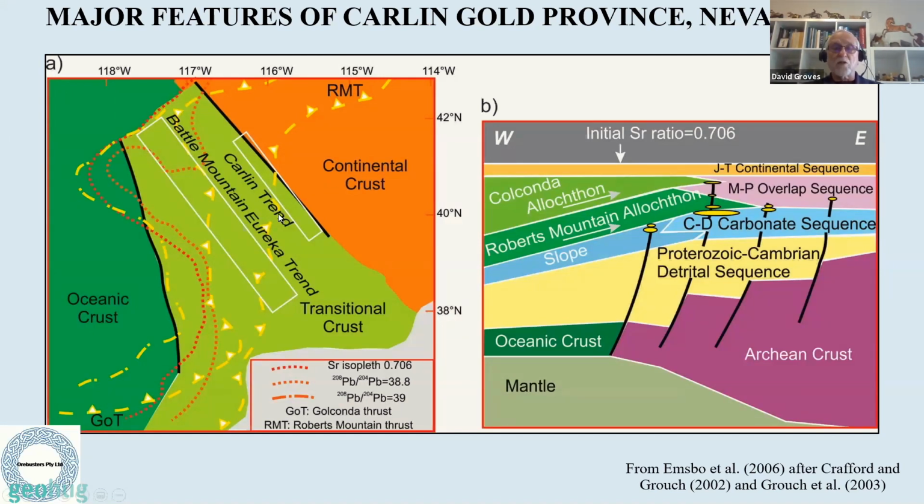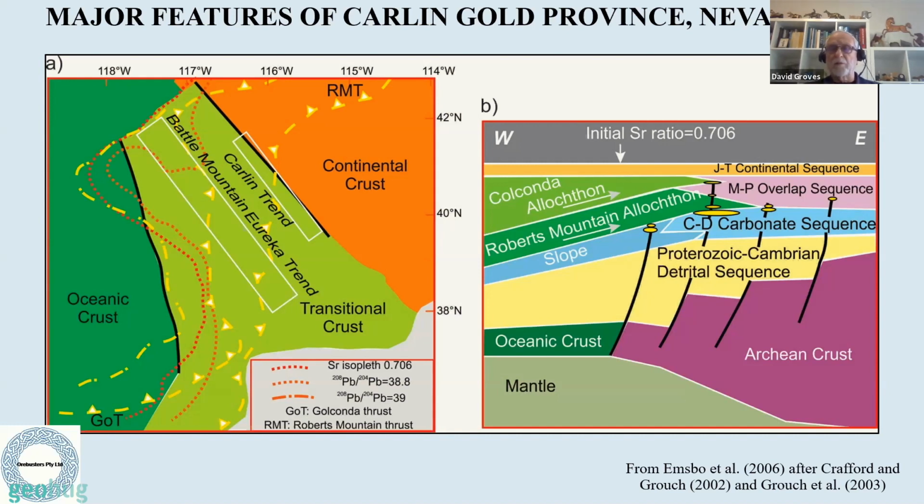And we can see these trends of Carlin. And when we look in a cross section, we can see the Archean Craton is being faulted down towards the oceanic crust. So it's stepping down. Those steps are controlling where the different sedimentary facies are and controlling where the Carlin-type deposits are themselves.